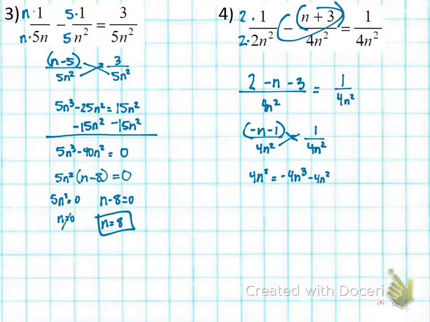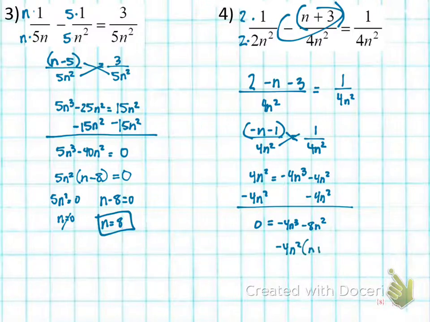Alright. Then we're going to subtract 4n squared on both sides. When we do that, we get 0 is equal to the quantity of negative 4n cubed minus 8n squared. On the right hand side now, I could factor out a negative 4n squared times the quantity of n plus 2, right?